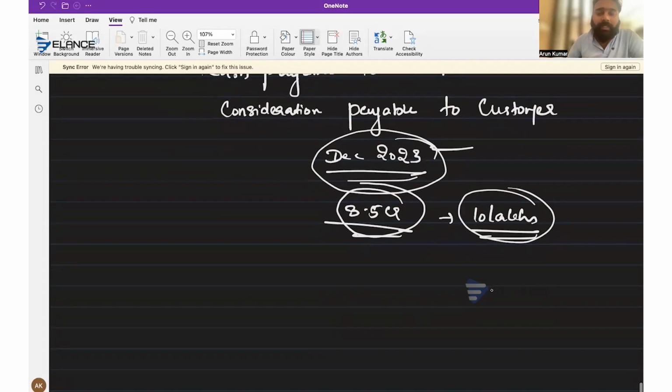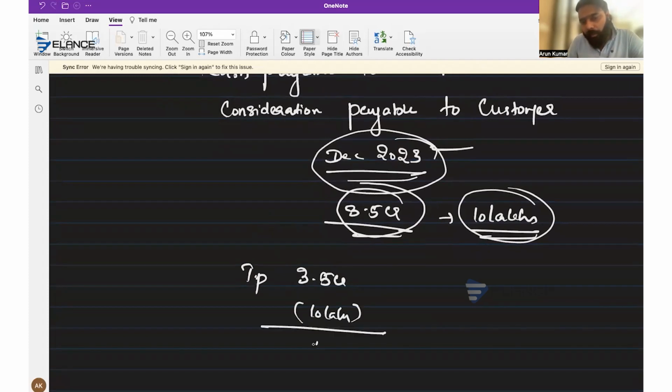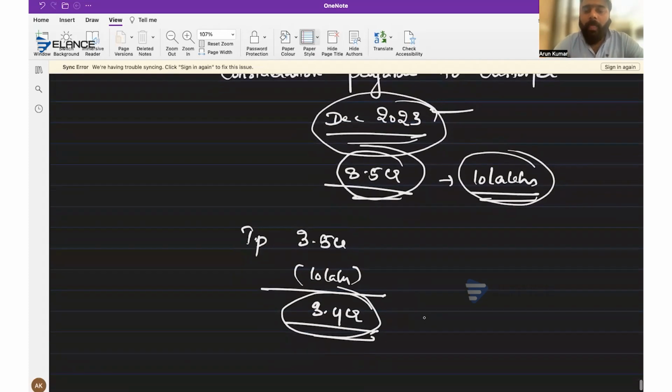So we cannot recognize revenue of full 3.5 CR. Instead, the standard says that from your transaction price, we have to deduct that consideration payable. So the net amount of revenue that you can recognize will be 3.4 CR. Is that clear? So this is how we'll account for the consideration payable to customer situation.